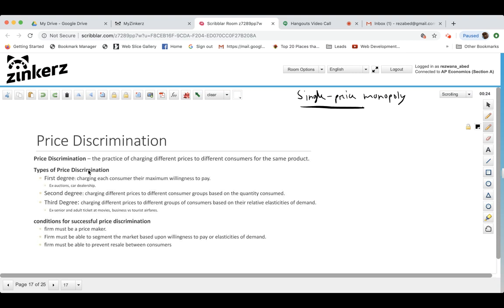They will charge different prices to different consumers for the same product. So they're no longer doing what the single price monopoly does, which is to charge the same price to different consumers for the same product. They'll actually charge different prices to different consumers for the same product. And of course, perfect competition is the only case where none of this happens, right?